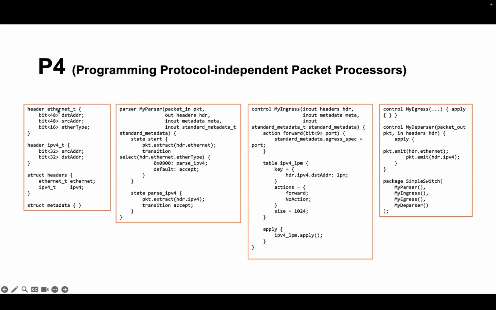So you can see we're actually defining headers by hand. So I'm specifying Ethernet to have a 48-bit destination address, so MAC address, 48-bit source address, 16-bit Ether type for whatever's encapsulated next, and I'm defining what IPv4 is as just source and destination. And I'm setting my headers to be Ethernet and IPv4.